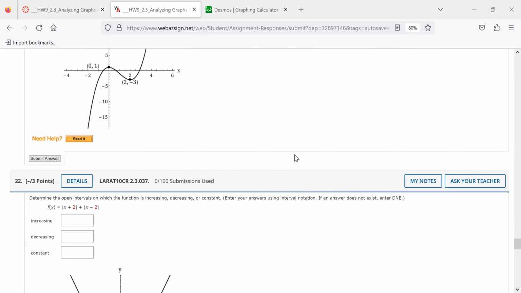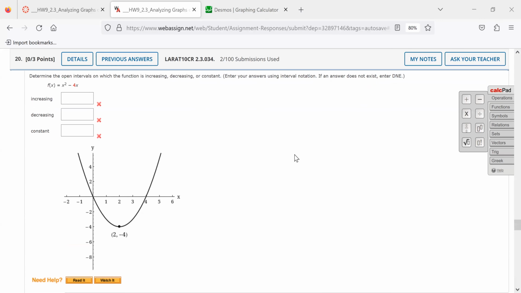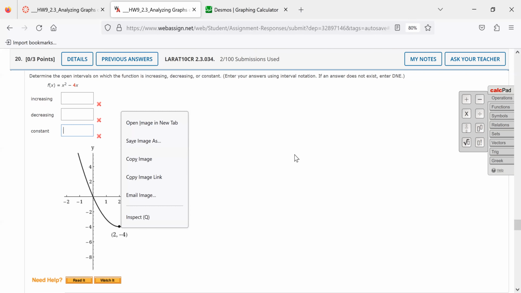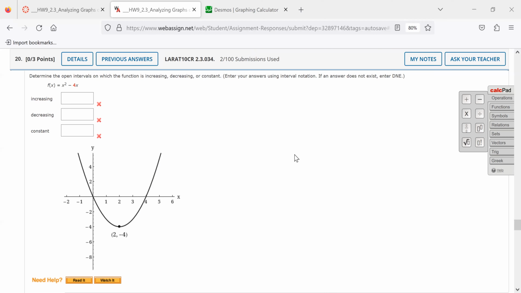I actually did have a question. Yeah, what's up? So, why wouldn't you use the brackets if it's a closed circle? Yeah, that's actually the same issue that I was dealing with. It's a great question. So right here, it is technically constant, it's flat.